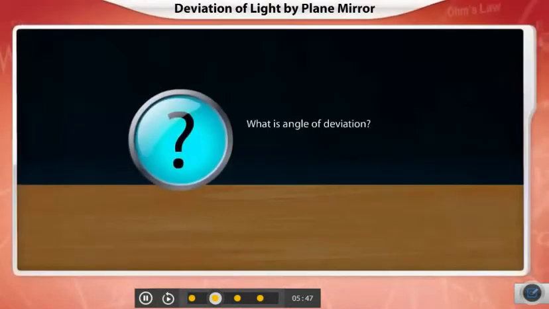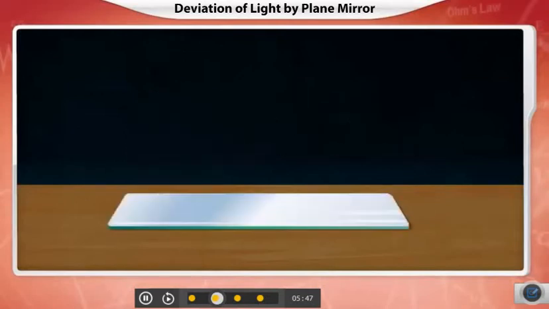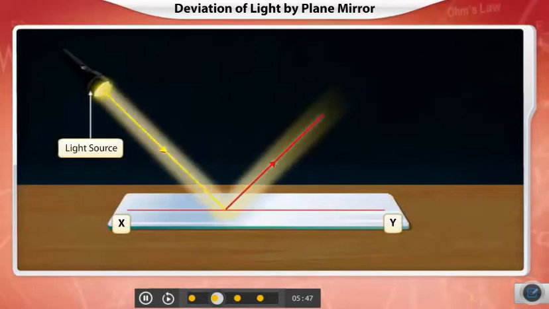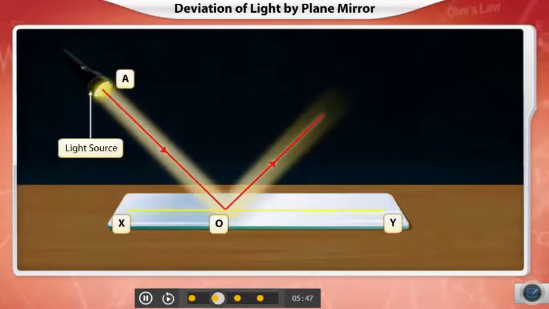Let's now see what is angle of deviation and how it is related to the laws of reflection. Consider a ray of light AO incident on a plane mirror XY, which is silver coated on the underside. The light is reflected along OB.